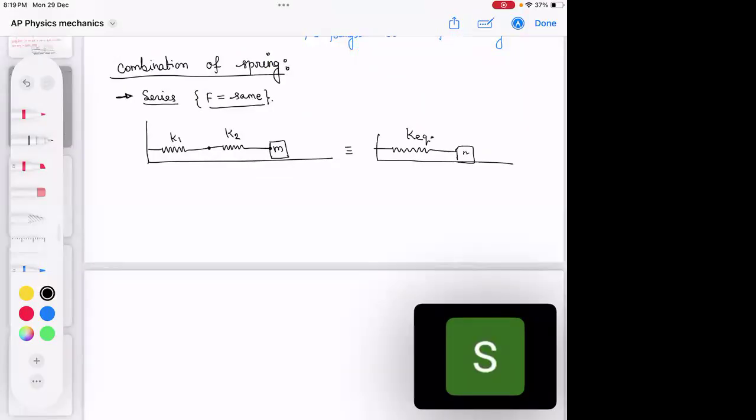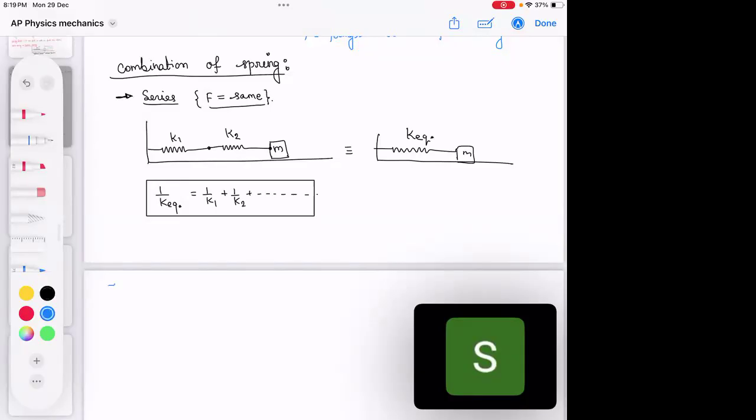So in series combination, 1 by K equivalent equals 1 by K1 plus 1 by K2 plus 1 by K3, like that. If two or more springs are connected in series, this is their equivalent spring constant.